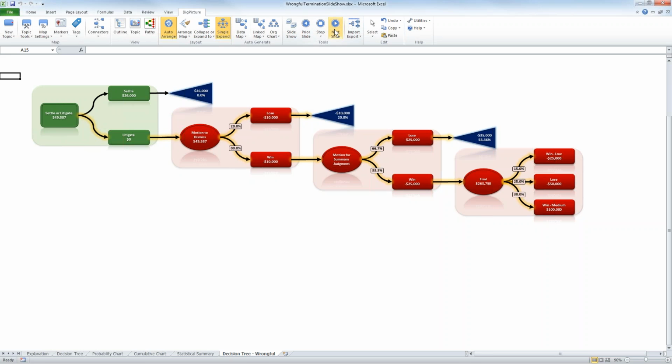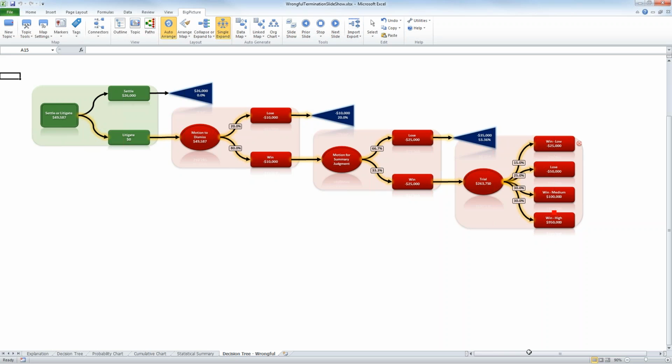Then there's the chance of getting that win high, the $1 million that was at the forefront. But the key factor is it's going to cost you $50,000 to prepare for trial. So if you notice now, none of those extra values are all in there.